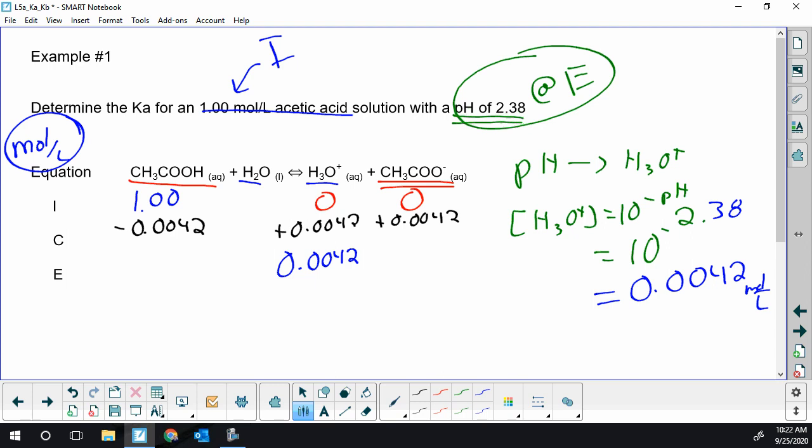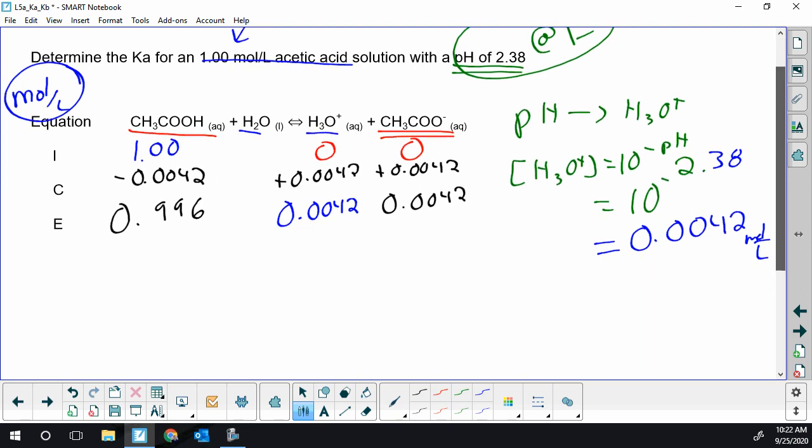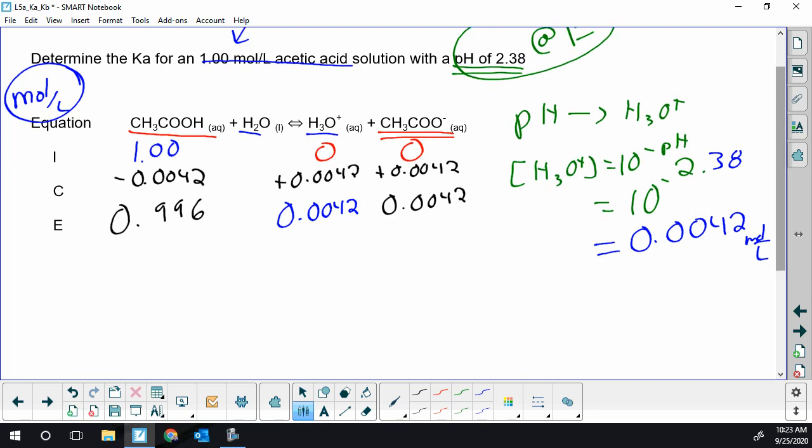And we're seeing what we often see in acid-base, that the change is so small, it's barely even affecting that original concentration. But I can do the math, and I'll round at the very end. So 0.996. I know there's an extra sig fig there, but I'll round to 2 at the end. That number's filled in, and that number's filled in. So we got all our E's. I'm going to plug it in and solve it.